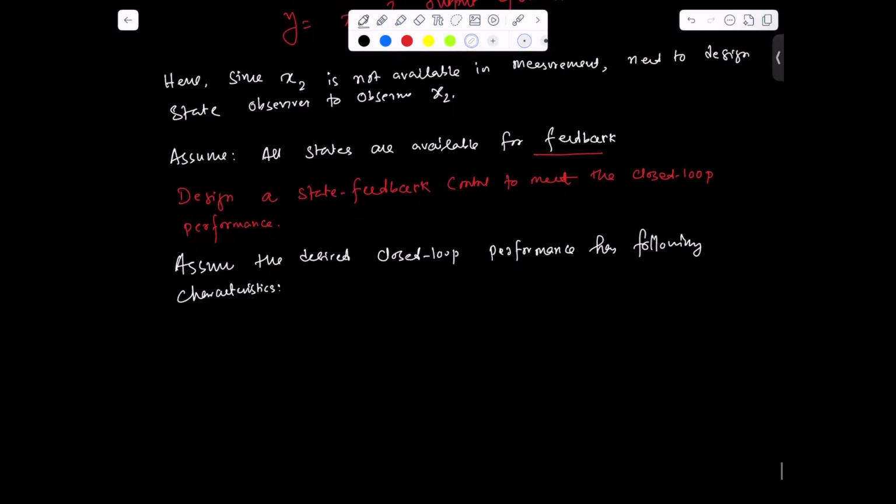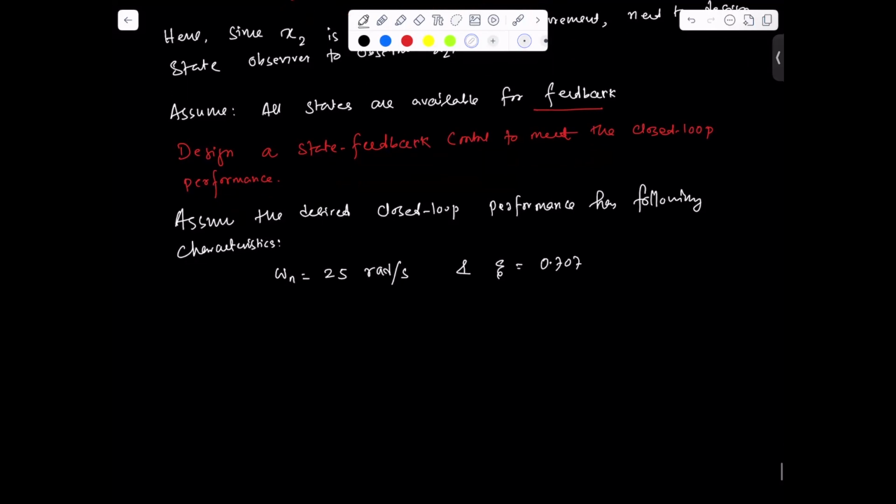We have the natural frequency omega n equal to 25 radian per second and damping ratio 0.707. Using these given parameters, we can form the standard second order characteristic equation s squared plus 2 zeta omega n s plus omega n squared.